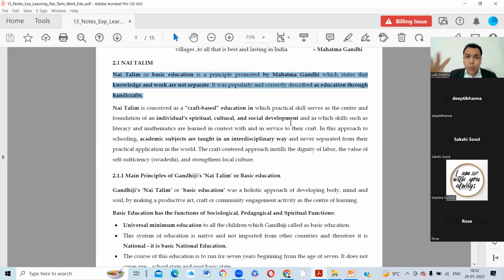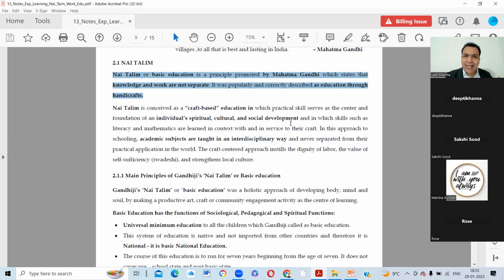Guys, whatever you are learning, even after the B.Ed, when you become a teacher and are teaching, there is a purpose behind it. Try to find that purpose. What is the need of a B.Ed? Don't think that whatever is coming, you are just teaching. You should know the reason behind it. What is the purpose of education?